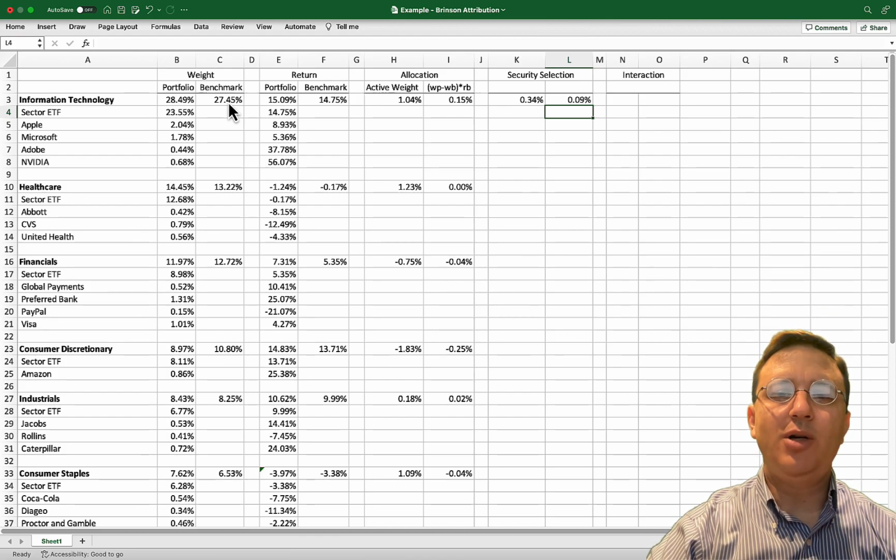Multiplying this difference by the portfolio tech sector weight will produce the selection effect for the tech sector. Our selection of stocks within the tech sector resulted in 9 basis points of relative return. We follow the same methodology for the rest of the sectors.